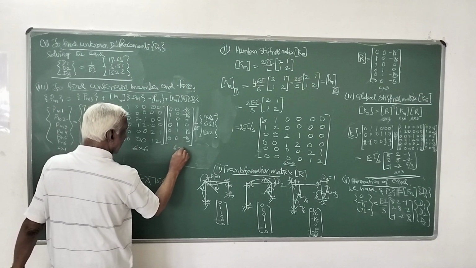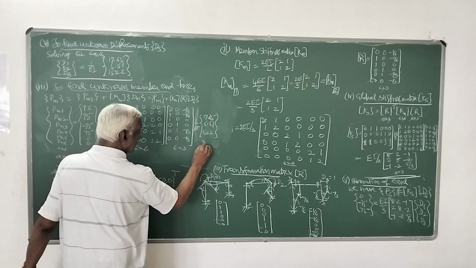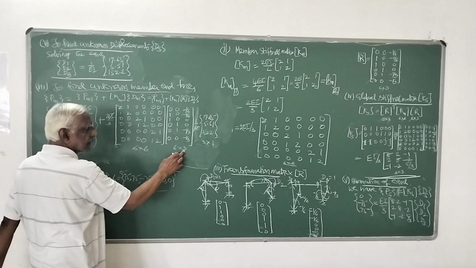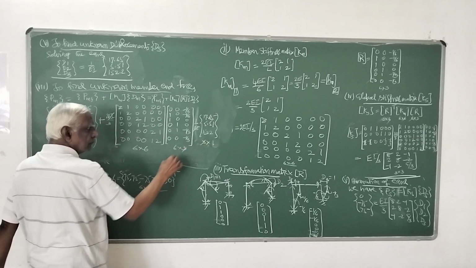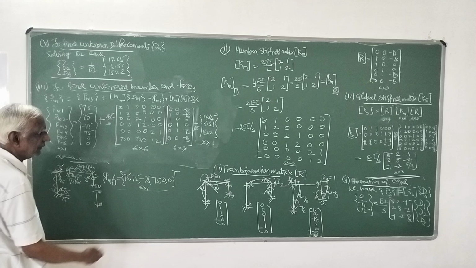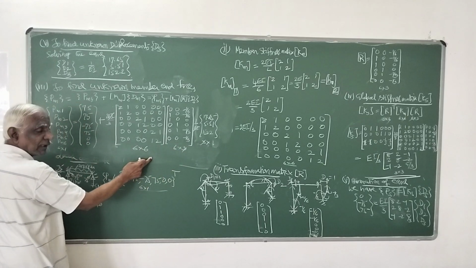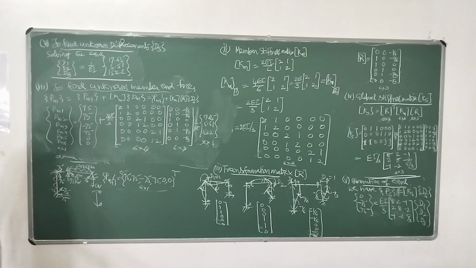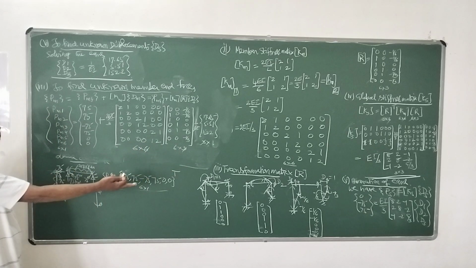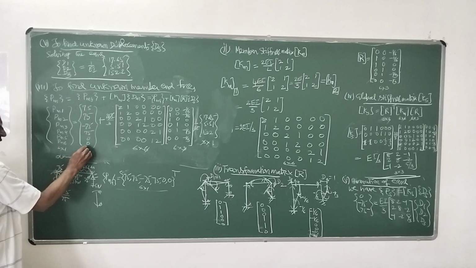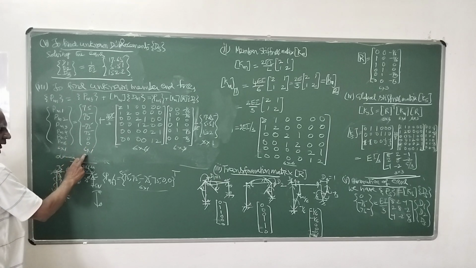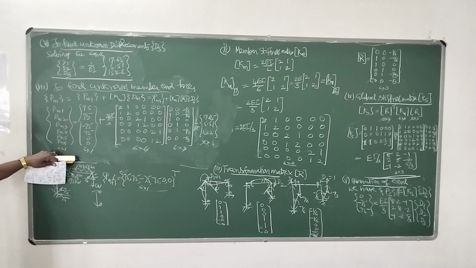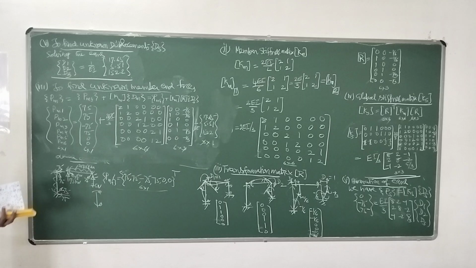This is 6 by 3 and this is 3 by 1, so multiplication is possible. You just see here column equals row. The result will be 6 by 1. Then this is 6 by 6, whose column and the row here are 6, so the result will also be 6 by 1. 6 by 1 plus 6 by 1 are of the same order, so you can add the results.